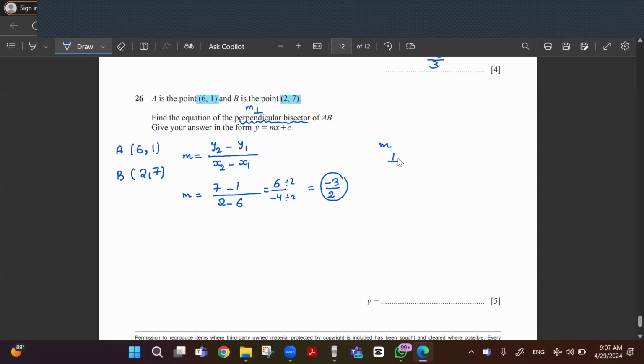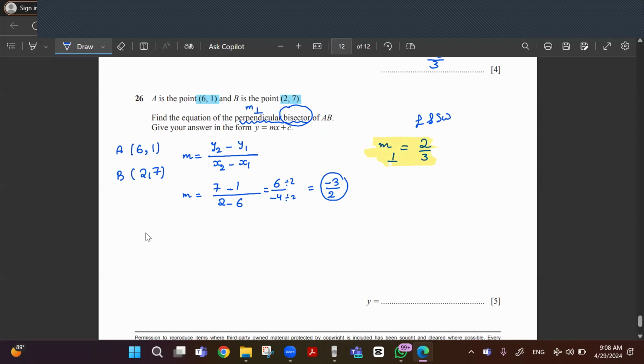So when I get the perpendicular gradient, we said what? Flip and switch. Flip, it will be 2/3, and switch the sign from negative to positive. So this is the gradient I am going to use. Then, as usual, if he didn't mention bisector, I can pick any point from A or B to use in this equation, but he mentioned the bisector.